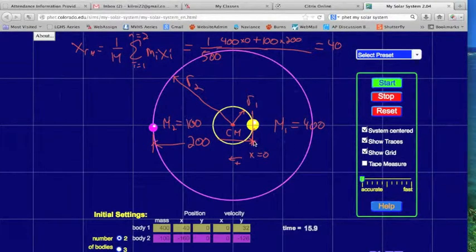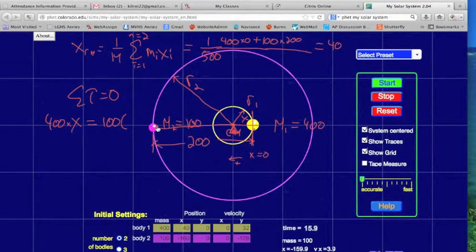Now, if you don't remember how to do that, there's another way to do it. Pretend that these are two guys playing seesaw, and I want to know what this distance x is. I know the sum of the torques is going to be 0 if they're balanced on the fulcrum where the center of mass is. So the torque on this side has to equal the torque on this side. So 400 times x, my unknown distance here, has to equal 100 times, I'm not going to call that y because then I get a different unknown, I'm going to call it 200 minus x.